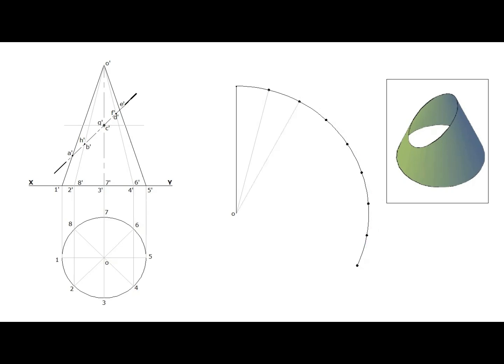Draw lines from all these points to the center of arc point O. Name these points as 1, 2, 3, 4, 5, 6, 7, 8, and the last point is again 1.